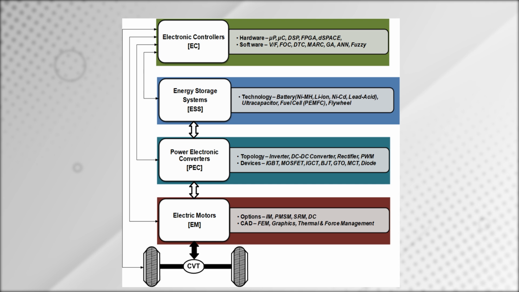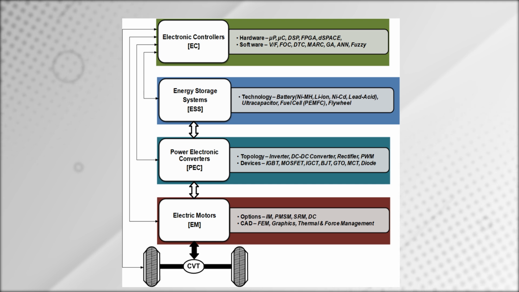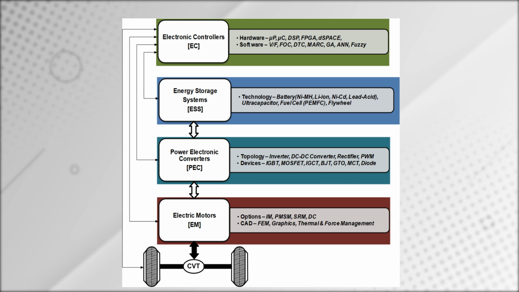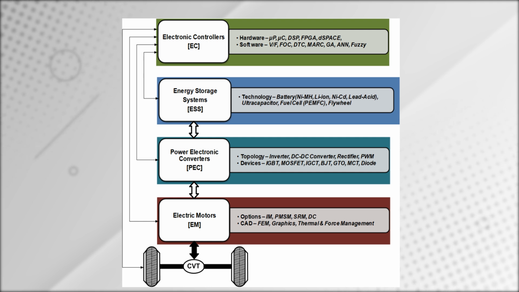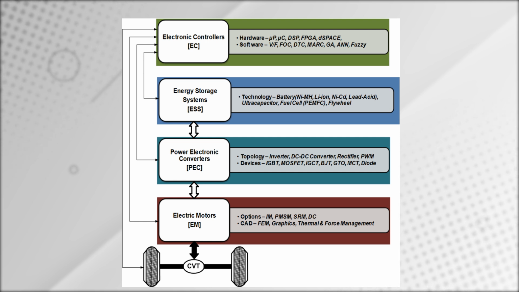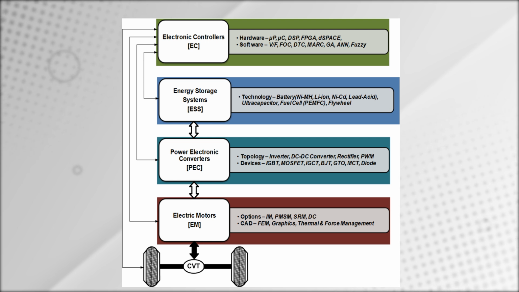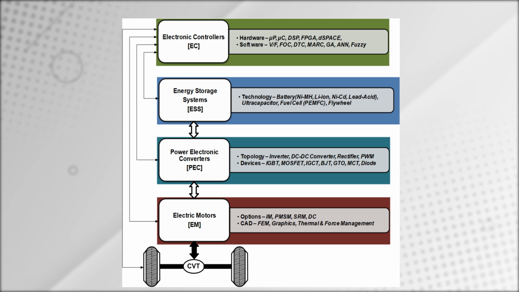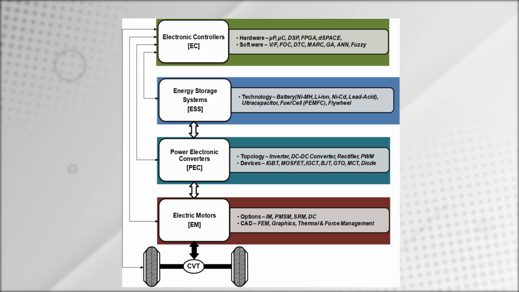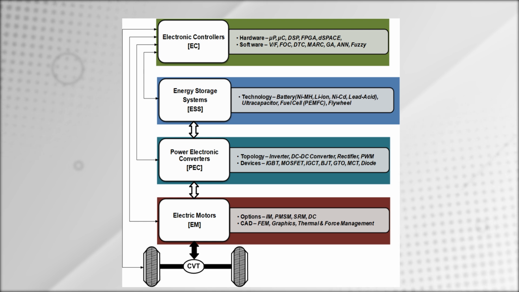In terms of technology, it has batteries. Batteries can be nickel metal hydride, lithium ion based, lead cadmium or lead acid batteries. In addition to the battery, the other available sources are ultracapacitors, fuel cells and flywheels.